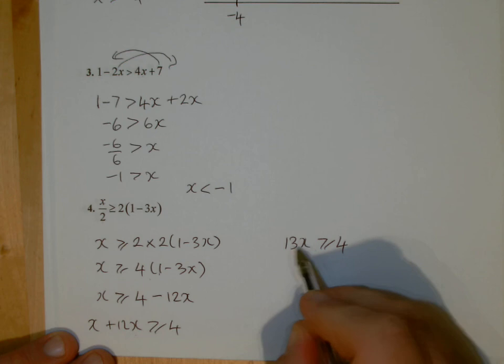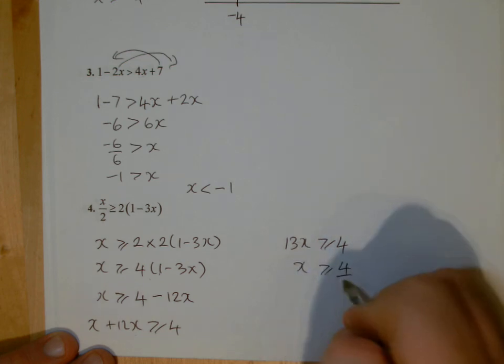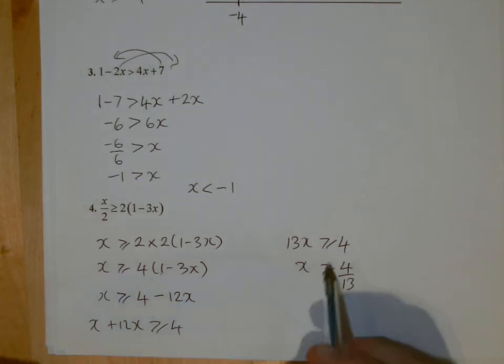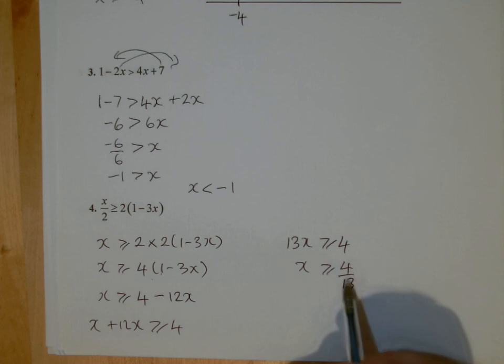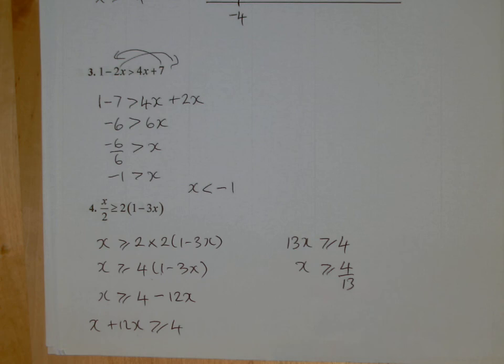And then to get x on its own, because I'm timesing by 13, take it over, do the opposite and divide. So there we've solved our inequality. In this case, x can be greater than or equal to a fraction, 4/13. And we leave it as a fraction. Don't change it to a decimal, just leave it like that. So it's greater than, or it could equal 4/13. And there's our solved inequality.